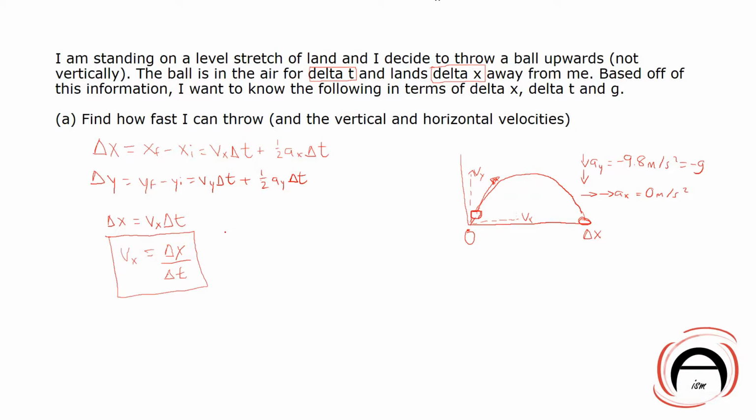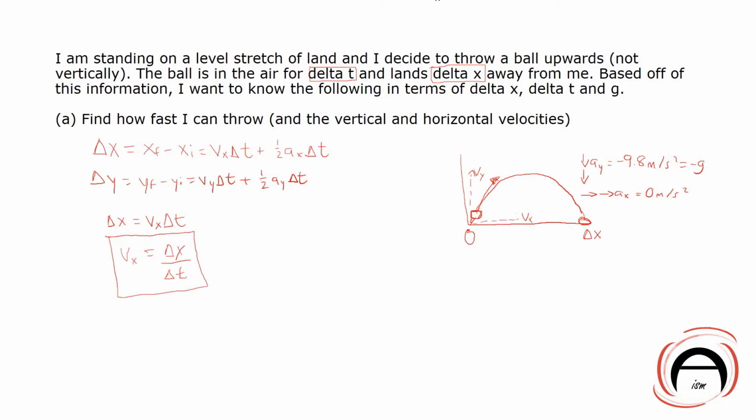So this may come in handy later, but we have our velocity in the x direction right there. So next we have to find our velocity in the y direction. So what we're going to do is we're going to plug in everything that we know.